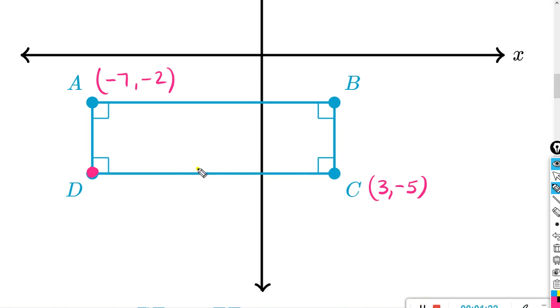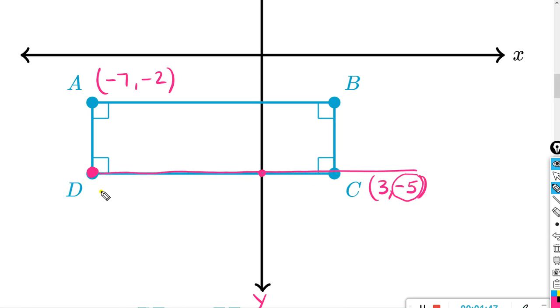We can see for point D, this will match the y coordinate for point C. Okay, this axis right here is the y axis. All right, so this point on the y axis is going to be -5.